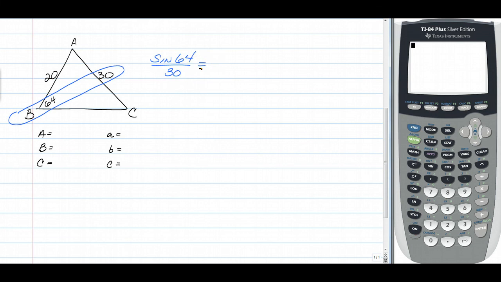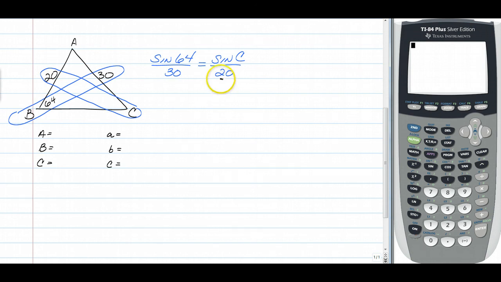And then what you do is you set it equal to another pair, angle and side, that you have information for. So we don't have a big A or a little a, so our next has to be with the C for now. Now, we do not know what angle C is, so we're just going to say that that's the sine of big C over 20.